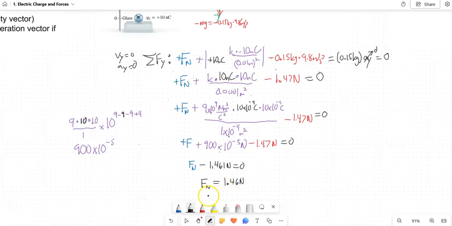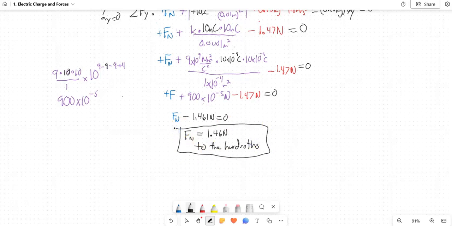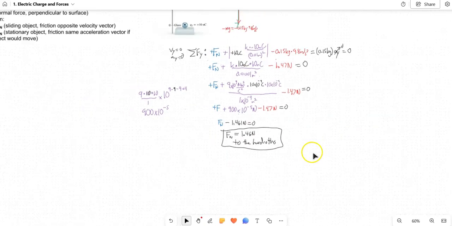Round to the second place, to the hundredths. In these tutorials, I want you to round to the hundredths. And so that's how much the normal force is going to be acting on it.